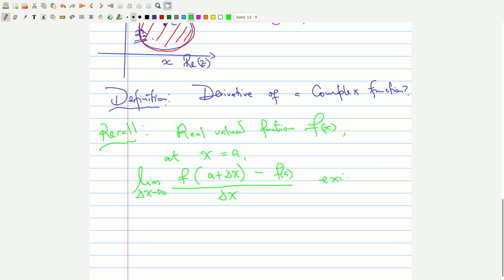So we say that our real valued function f of x is differentiable at x equals a if this limit exists and is unique.